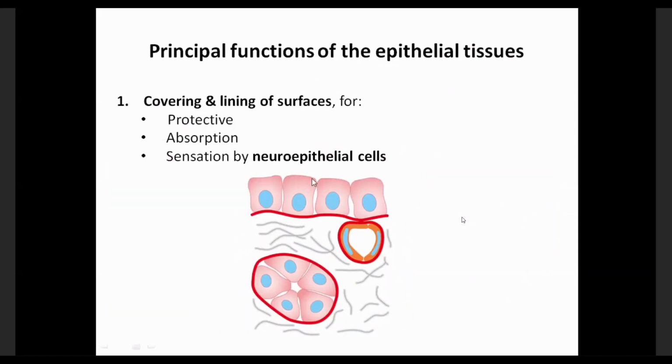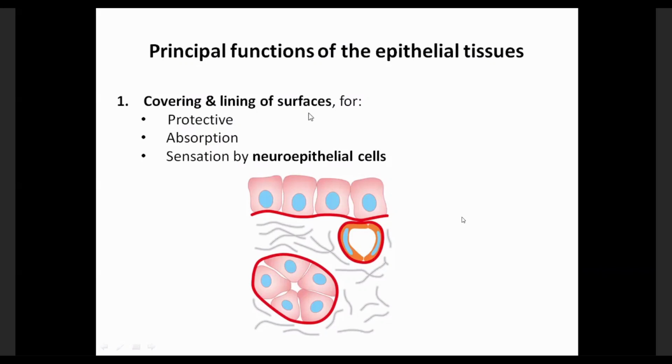With regard to the functional types of epithelial tissue, we can divide epithelial tissue into 3 broad categories. One is those involved in covering and lining surfaces and cavities.